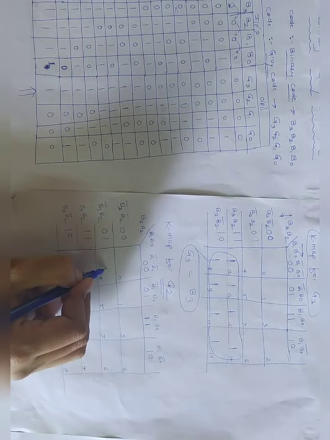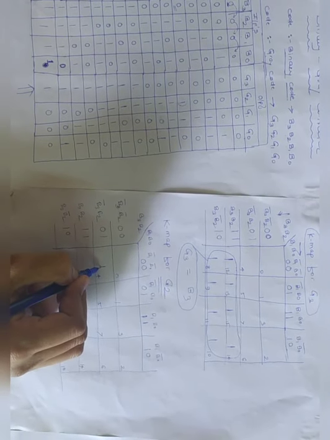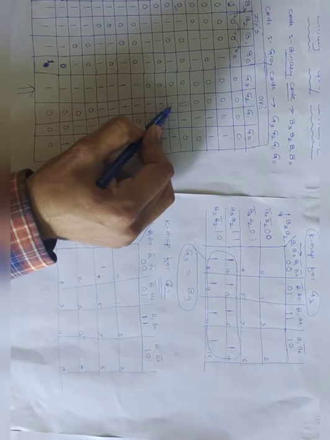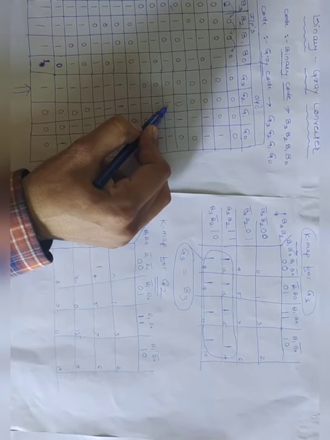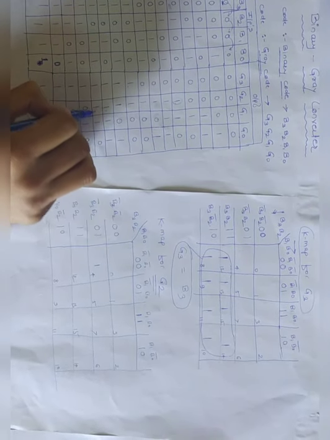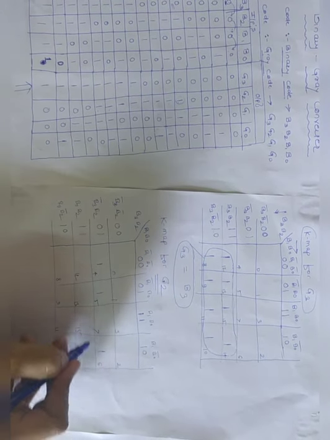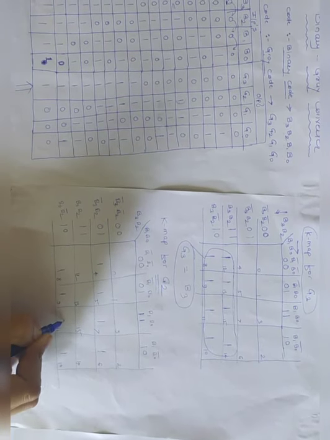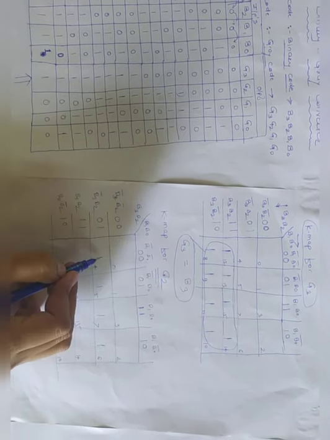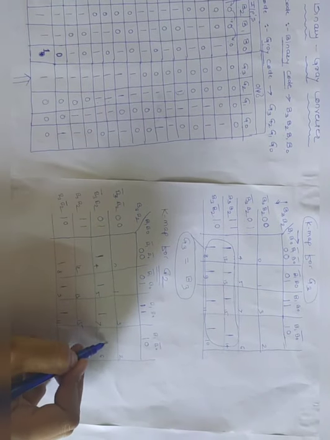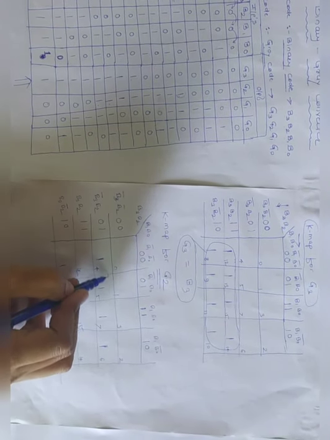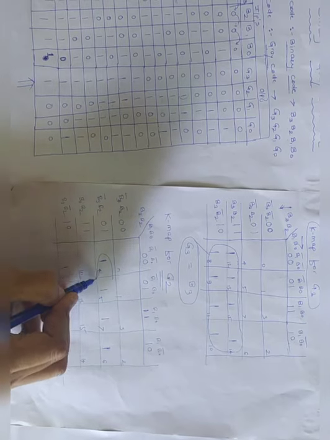Where is 4? Here. In the same way, 4, 5, 6, 7, 8, 9, 10, and 11. Now I am placing those ones in the K-map. Now grouping: a group of 4 bits is possible.